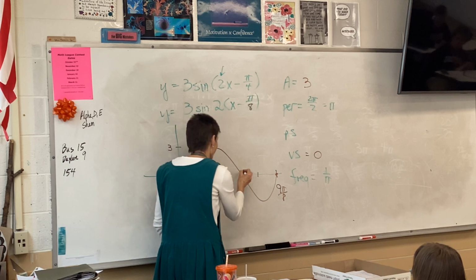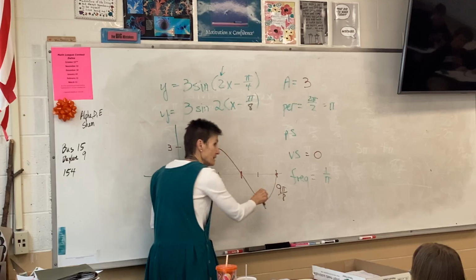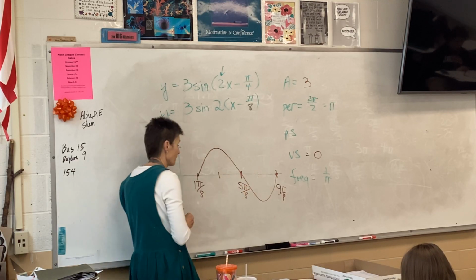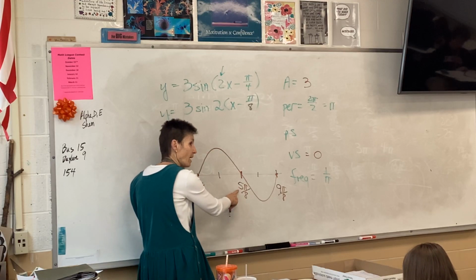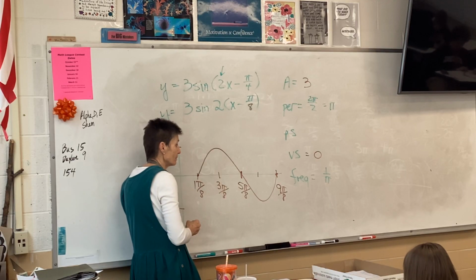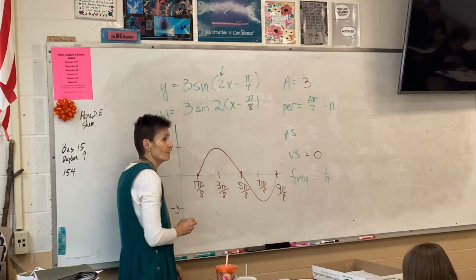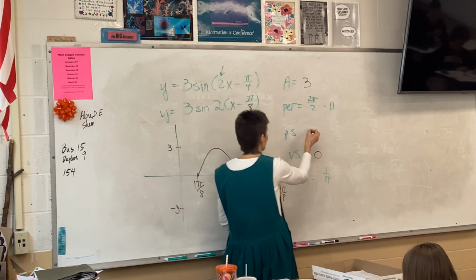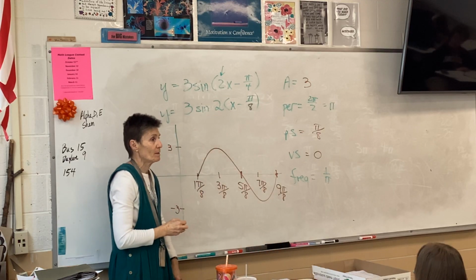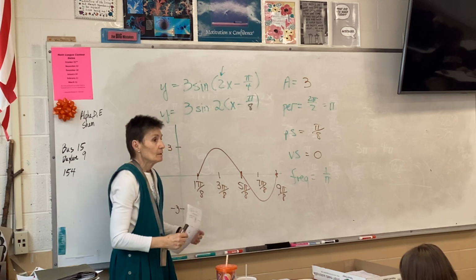And then I need to know what's right in the middle. So this is 1 and 9 makes 10, and half is 5. And 1 and 5 makes 6, and half is 3. And 5 and 9 is 14, so half is 7. Phase shift, PS is phase shift. That's positive pi over 8. That's where we started the picture. You okay with that?